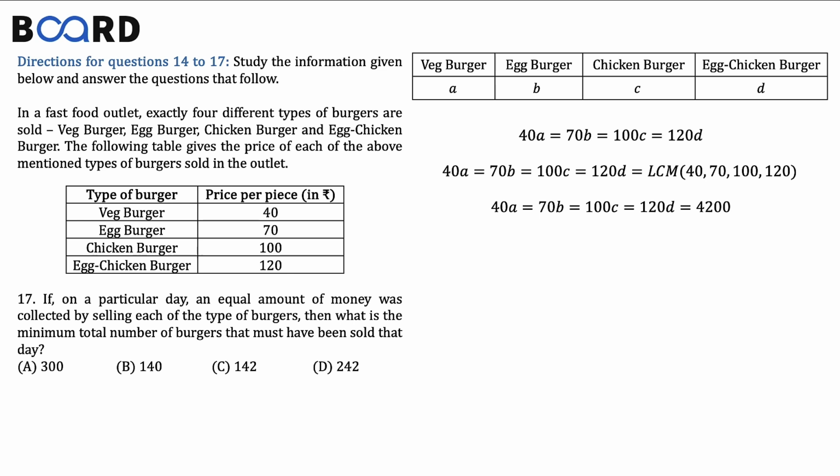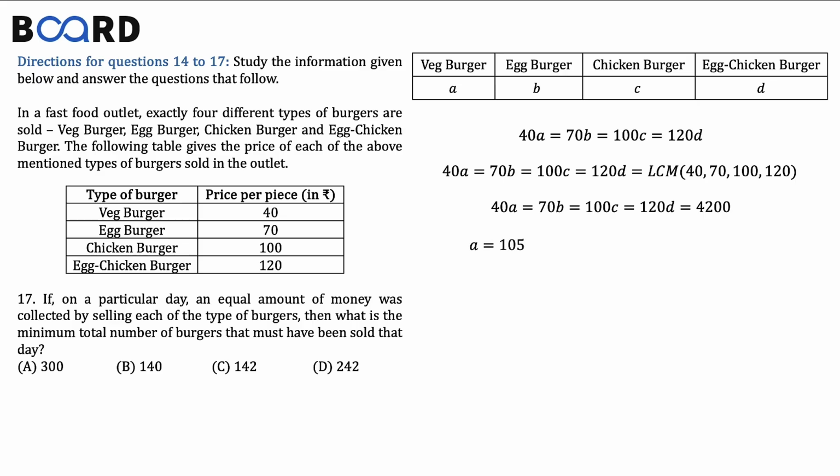So we'll consider that the total amount of money that could be generated is 4200. That is the minimum we can reach. And they did not ask for this. They asked for the total number of burgers that must have been sold. So if 4200 is the total amount of money that I got by selling A veg burgers, then how many veg burgers am I talking about?